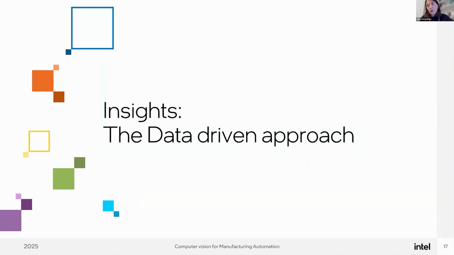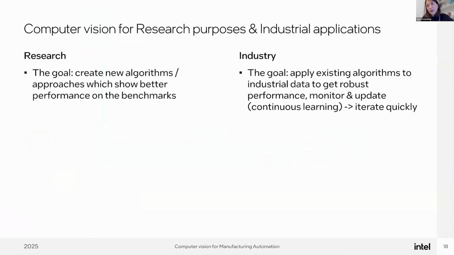Some other insights from our customers, from the real world deployments from Intel Foundry and manufacturing examples. The main difference between research and industrial application is the goal, of course.